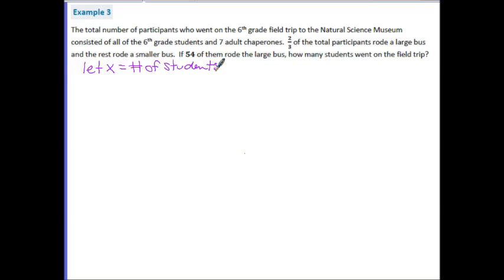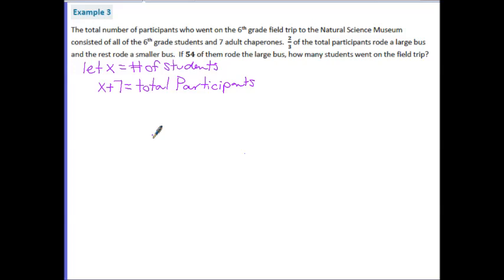If we have the number of students be x, then x plus 7 would be the total number of participants. And notice I put x plus 7 because there were 7 adult chaperones.